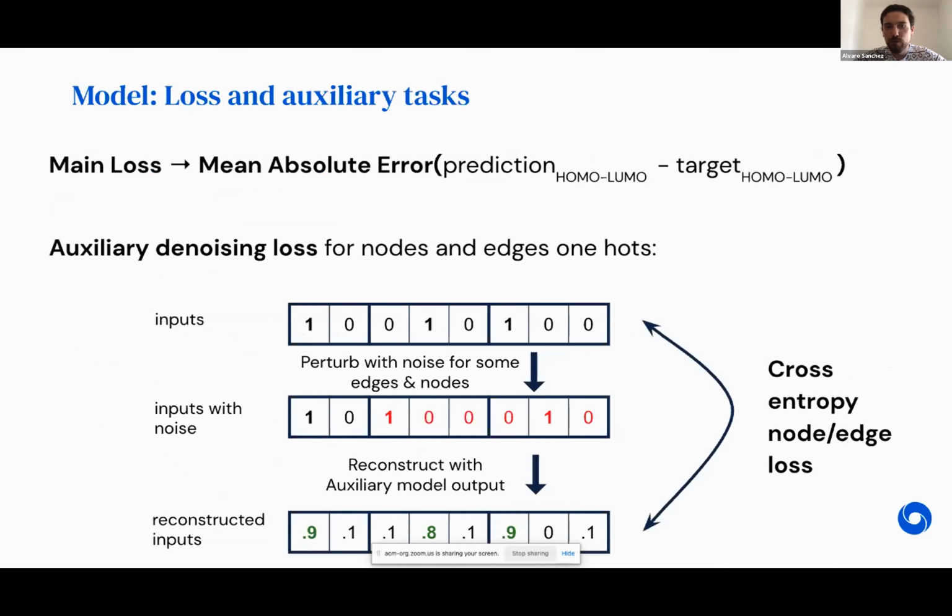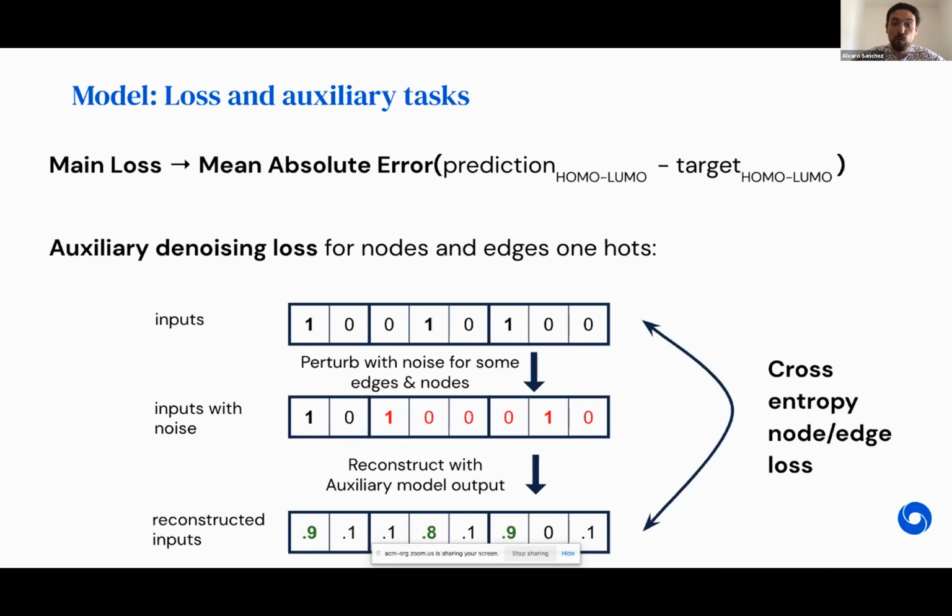For the main loss, we use mean absolute error between target and prediction, as this was the competition metric. And as mentioned before, we also implemented an auxiliary denoising task for nodes and edges. So the idea goes as follows. First, we take the input one-hot features for some of the atoms and some of the edges and perturb them with noise. And this can result in, for example, changing some of the atomic number, species, and other properties of the atoms.